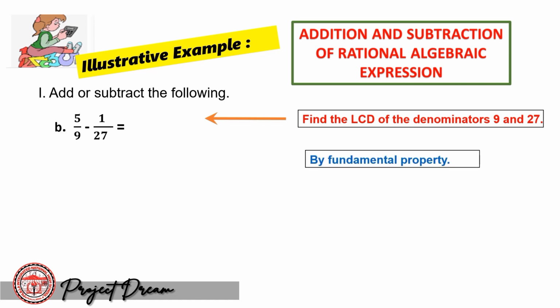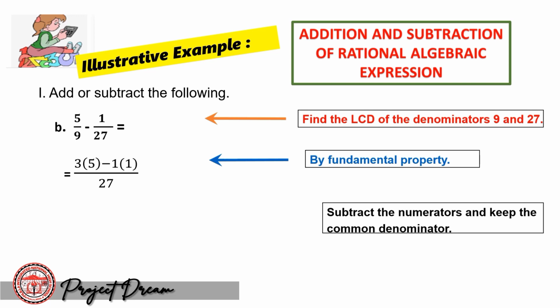Using the fundamental property, we have now 27 divided by 9 is 3, times 5. 27 divided by 27 is 1, times 1. Simplifying further, we have 3 times 5 is 15. 1 times 1 is 1.